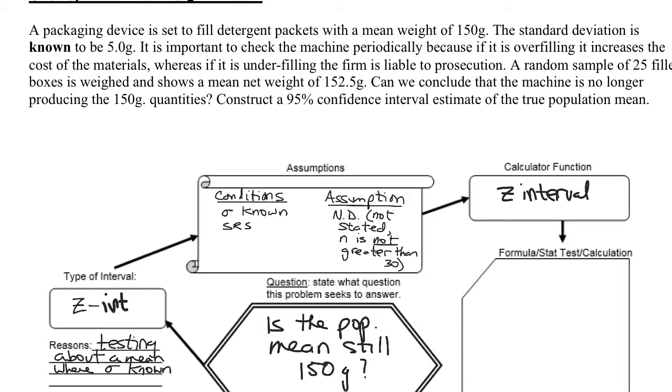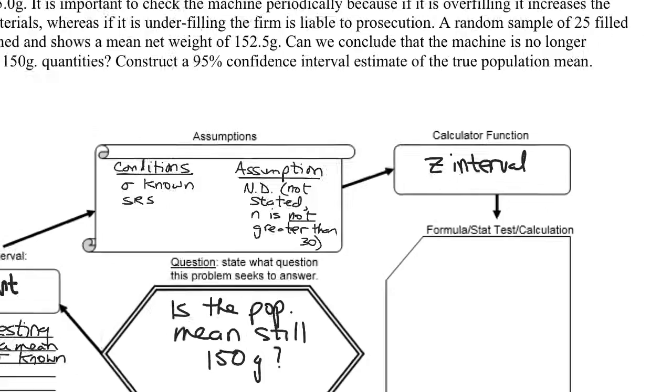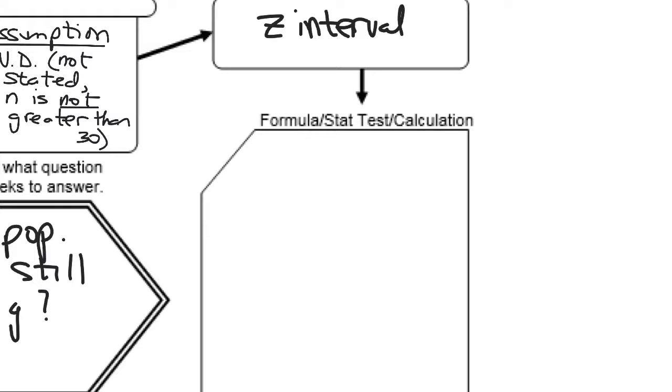Now the formula for confidence interval computation. So x bar, that's our point estimate, plus or minus, here we have z alpha over 2 times sigma over the square root of n.